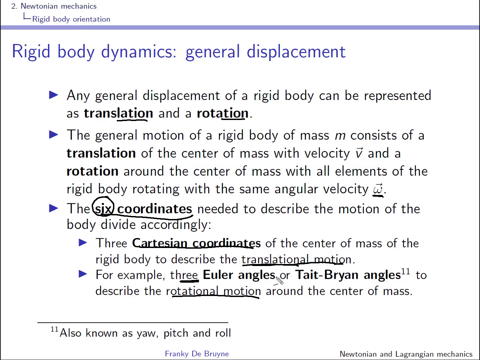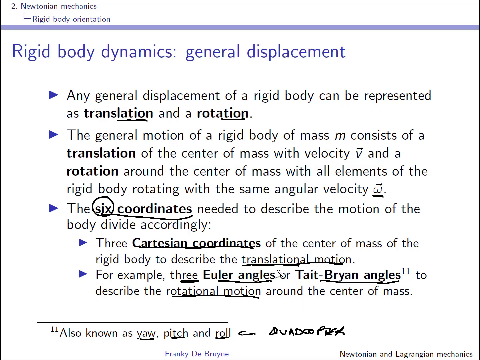And you can either use Euler angles or Tait-Bryan angles. Tait-Bryan angles you might know under another name, yaw, pitch, roll, and this will be used for our quadcopter model, right?